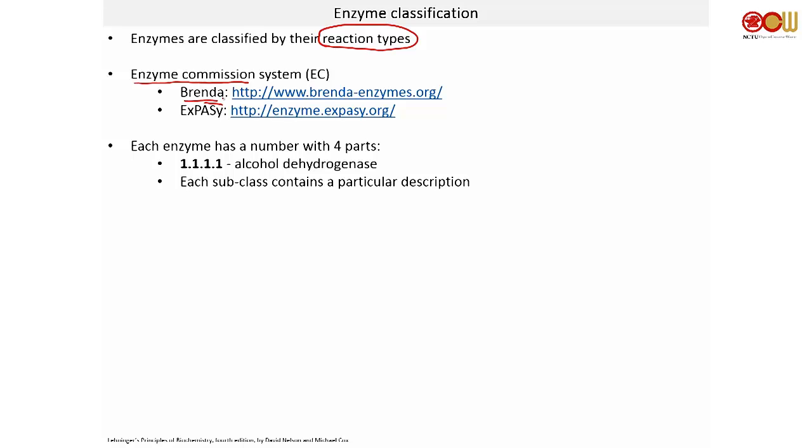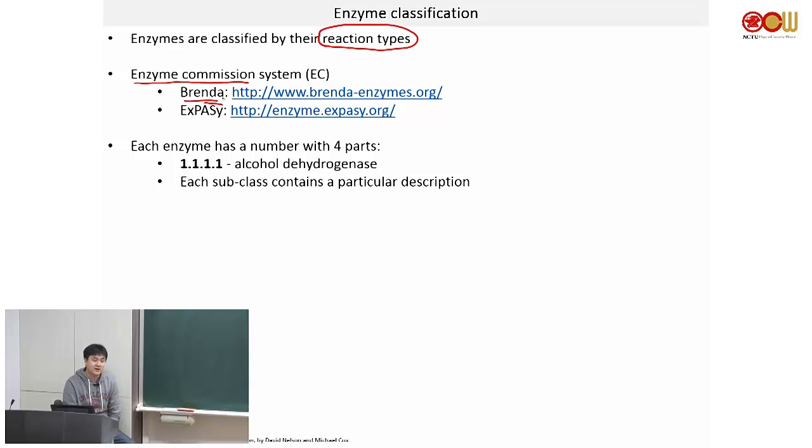If you guys are going to go into the field of enzymology, or for example, when I do my research, I do renewable chemical production, I need to know what kind of enzymes are available in nature that I can use. So this is a database that's super, super useful. It has a lot of useful information that you will want. Okay, I'll show you that in just a second.